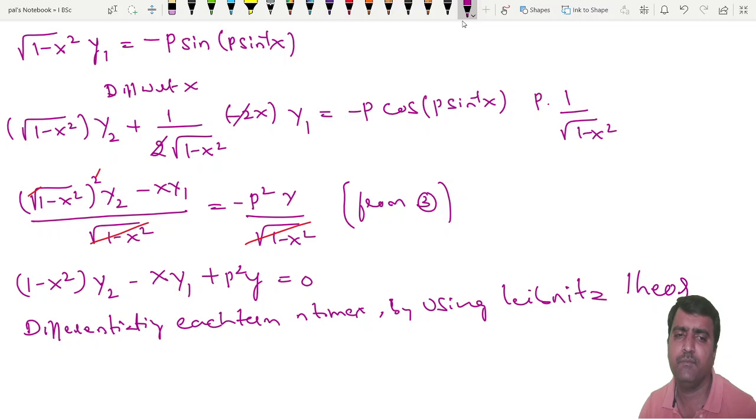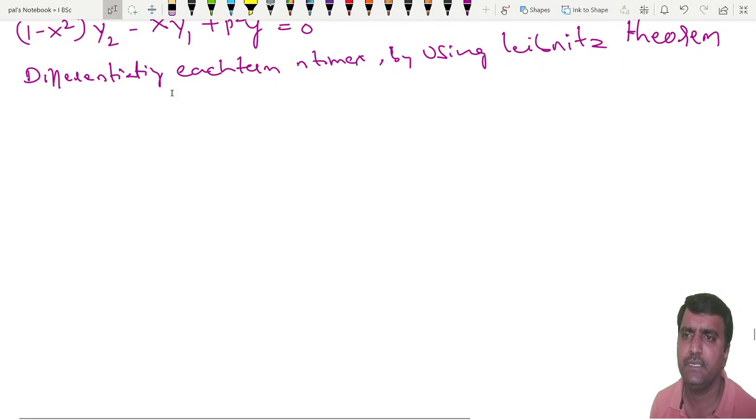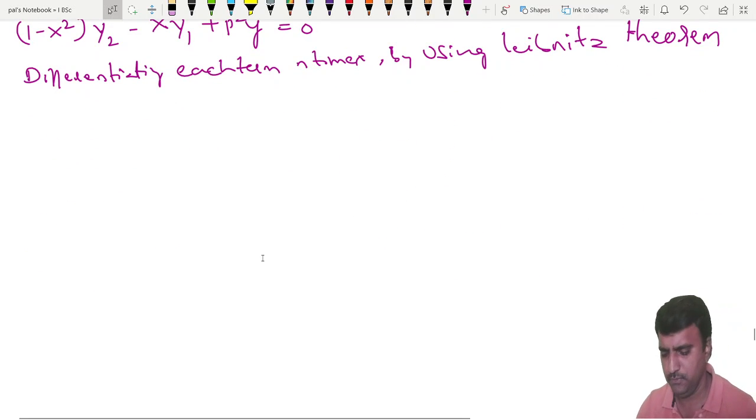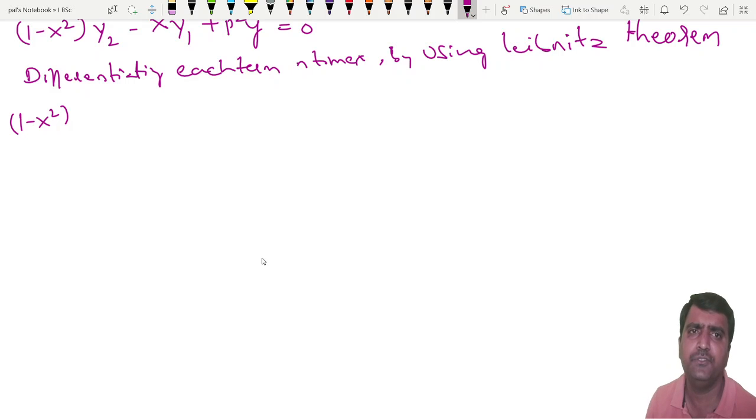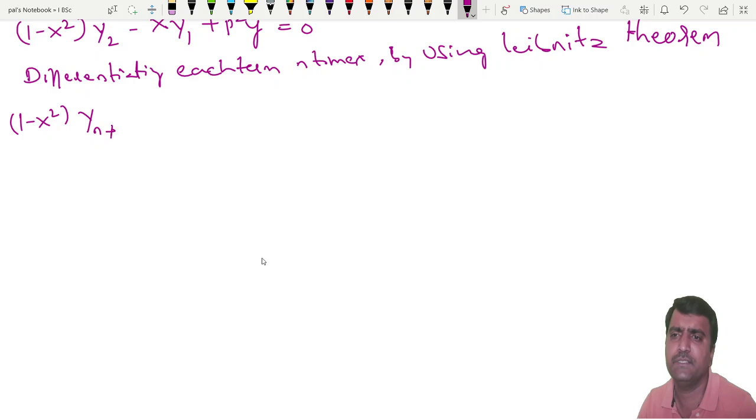So then we have 1 minus x square into differentiation of y2. Use Leibniz theorem to differentiate that. 1 minus x square into, first step is nC0 into u vn. So nC0 is 1, into 1 minus x square into yn plus 2.